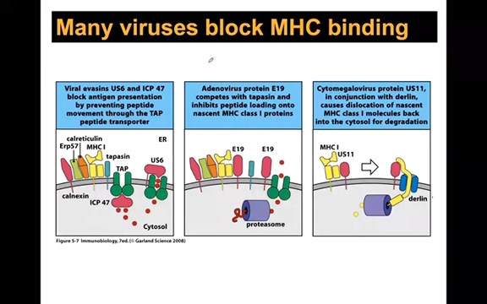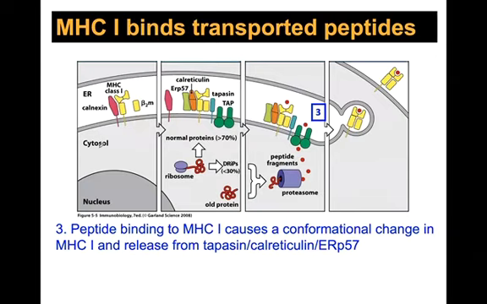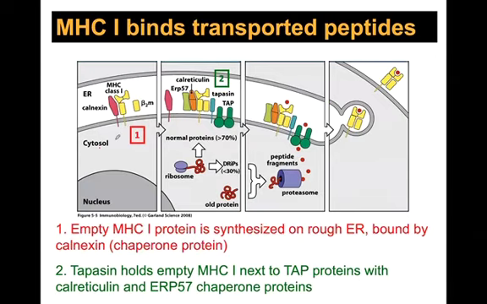Sure. So you're talking here? Yes. Okay, so step 1 is just, you've got to make a new MHC. Calnexin is the chaperone protein that allows you to feed this through into the ER and fold it properly.